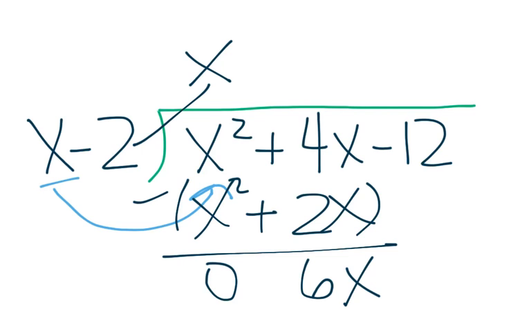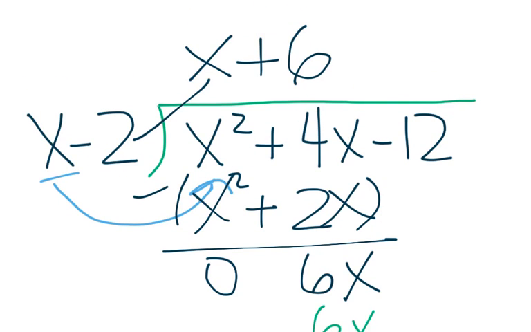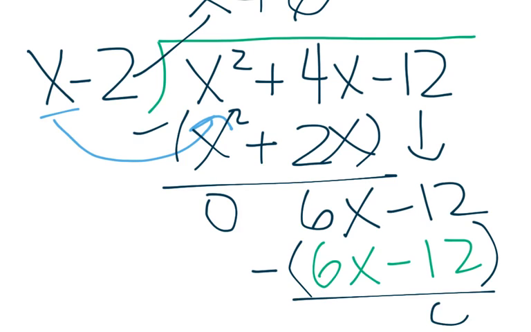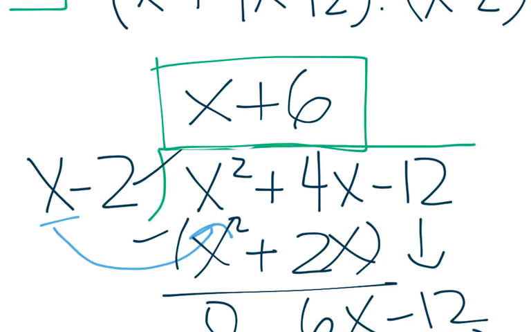So we're going to see how many times this x can go into this 6x, and it can go in 6 times. So now we're going to multiply, so 6 times x is 6x, and then 6 times negative 2 is negative 12. Oh yeah, and we want to bring down this negative 12. So we have 6x minus 12 minus 6x minus 12, which is just 0, and that means our answer up here is x plus 6, and this is our answer.